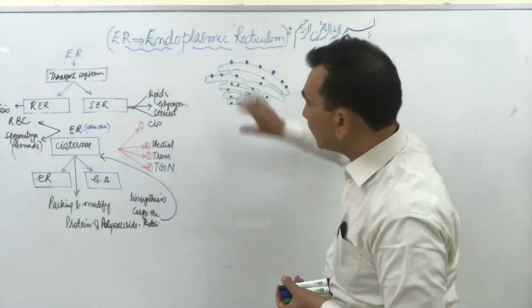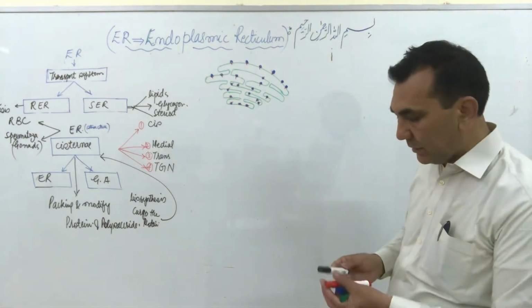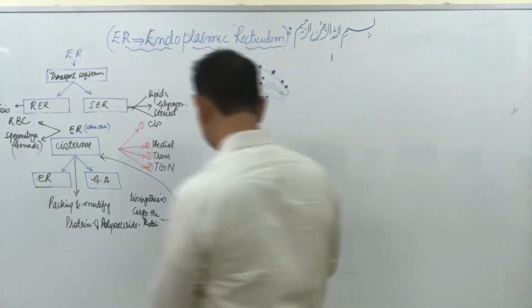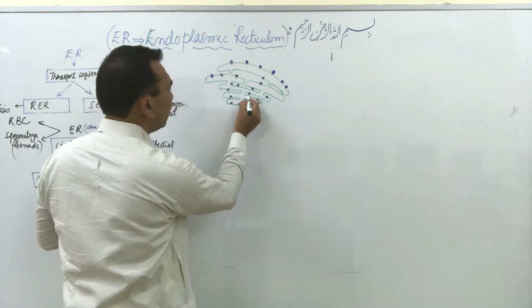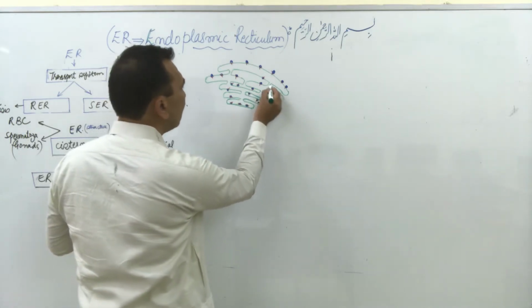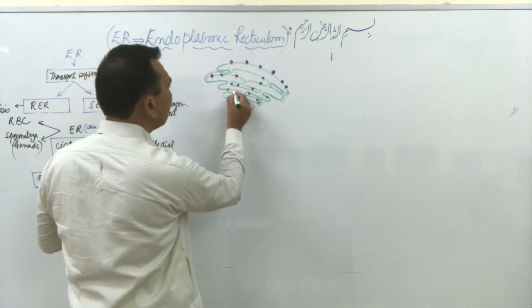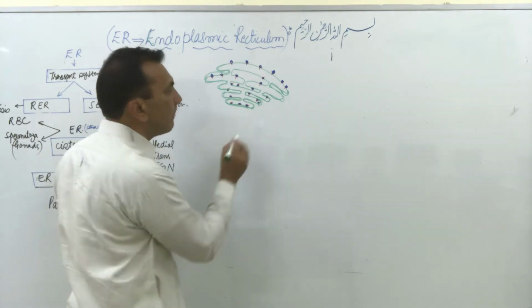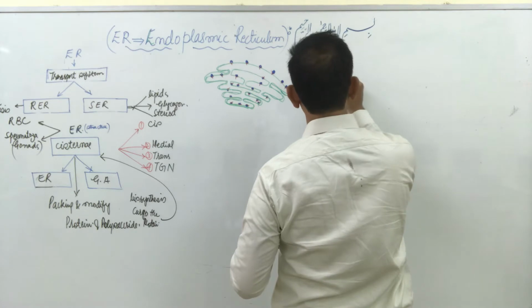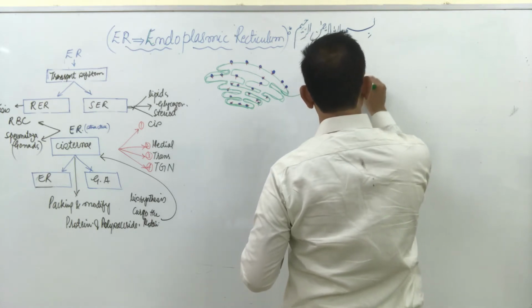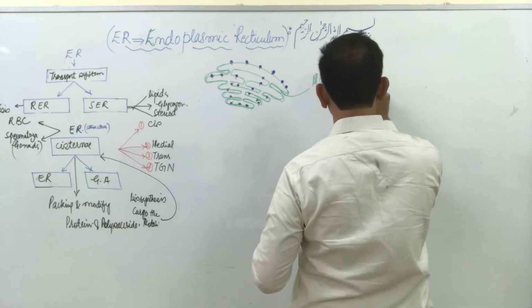If you look at the structure of the rough endoplasmic reticulum, which is membranous in structure, it looks like a ramp, like a multi-story car parking structure.